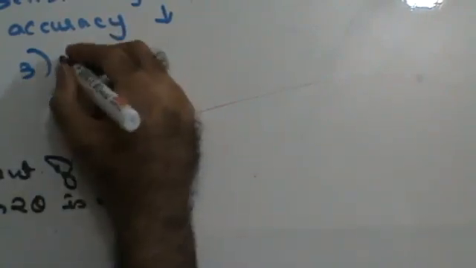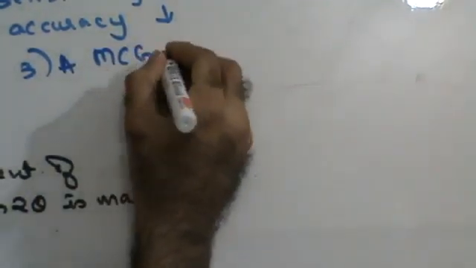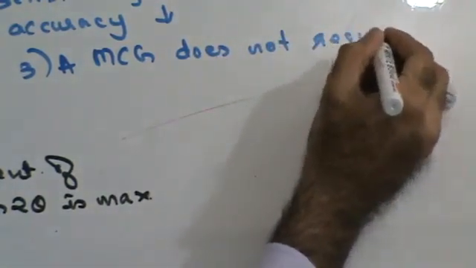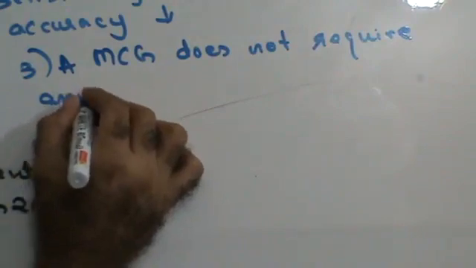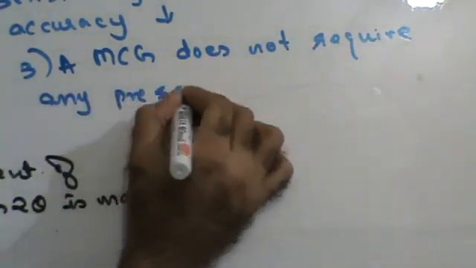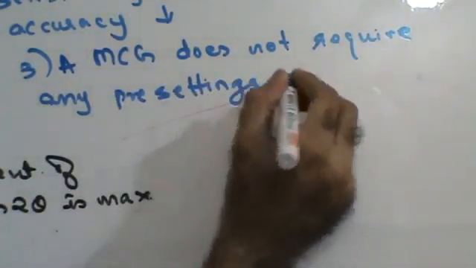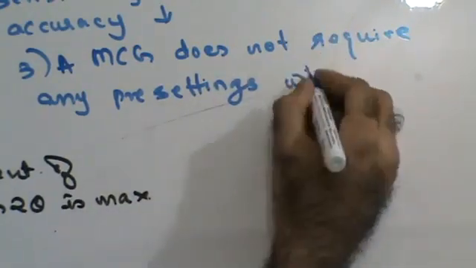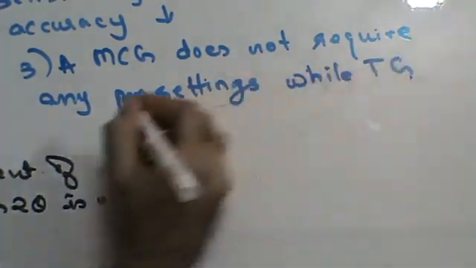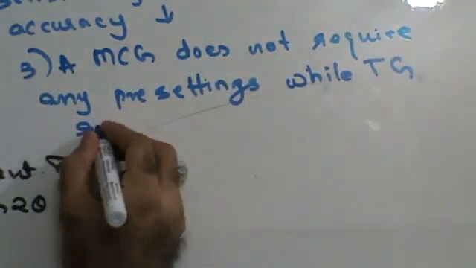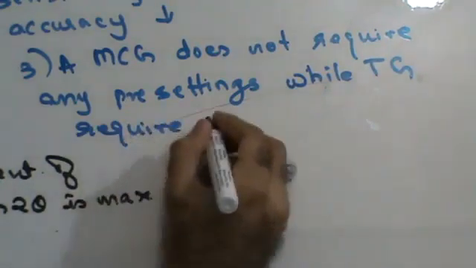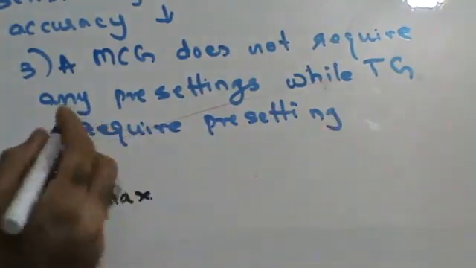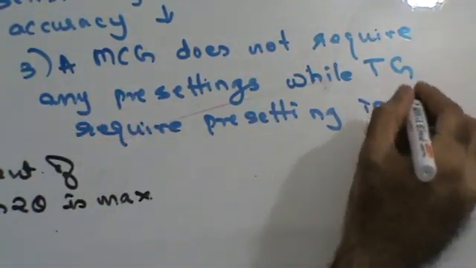A moving coil galvanometer does not require any presetting, while a tangent galvanometer requires presetting in the magnetic meridian.